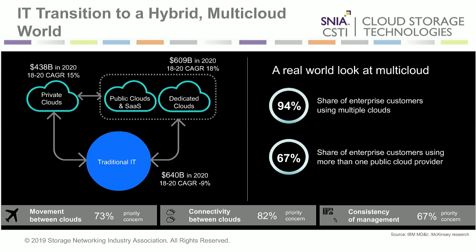So it's a hybrid model and it's a multi-cloud kind of a model. Now, that presents some challenges. How do I manage this environment and operate it in a consistent kind of a way? How do I manage my data and the locations of my data, movement between these clouds as I have needs for the data and for various applications in different places, the connectivity aspects of it. And for us here, we're focused on the storage piece of that and how storage fits into this cloud model.